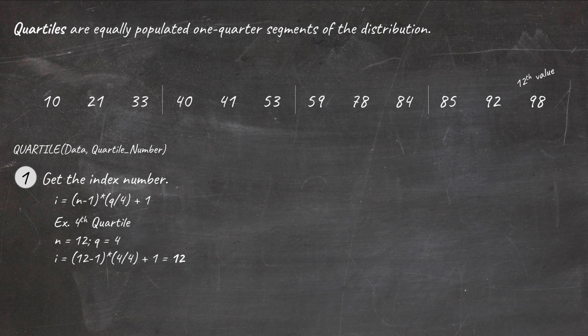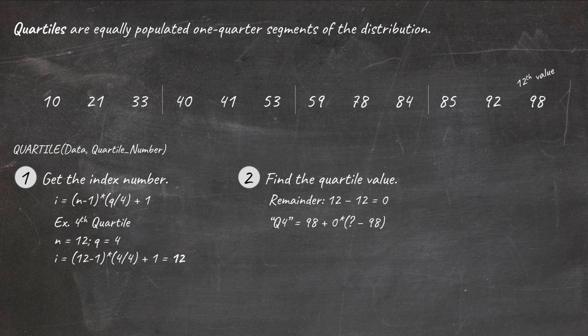That means we're looking at the 12th value. We're going 0% of the way to a 13th value that doesn't exist, so we do 0 times some value minus 98. We don't even care because it's times 0. It means Q4 is 98. The fourth quartile is just the maximum of the data set. It just returns the highest value.